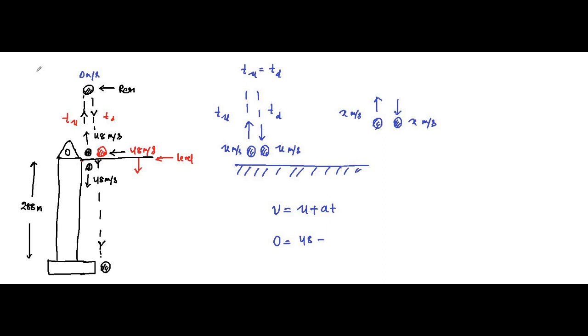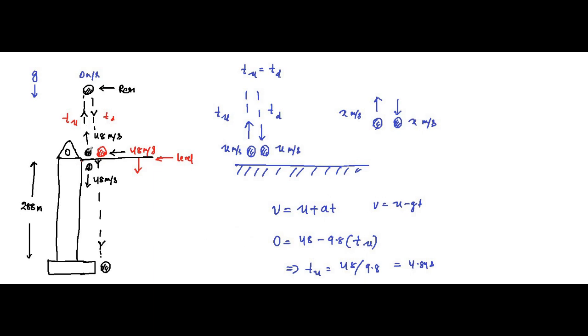Acceleration due to gravity is acting downwards and the motion of the object is upwards, so it will be v is equal to u minus gt. So 0 is equal to 48 minus 9.8 into tu, upward journey. That implies tu is equal to 48 by 9.8, which is coming around 4.89 seconds.